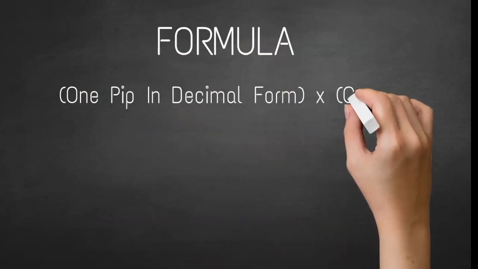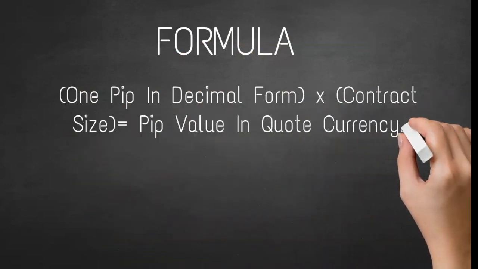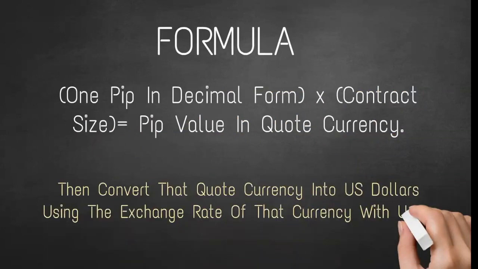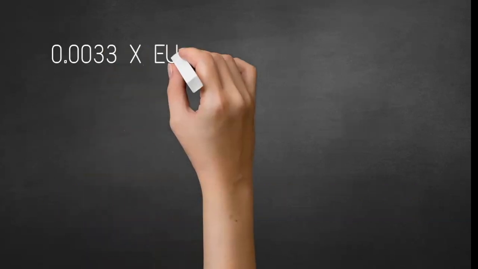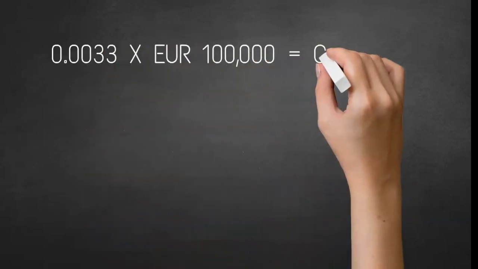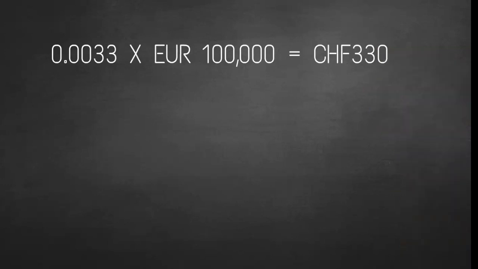We're going to use the formula we just discussed. Remember to convert your quote currency into dollars using the exchange rate of the currency with the USD. So 0.0033 multiplied by 100,000 euros will give us 330 Swiss francs.